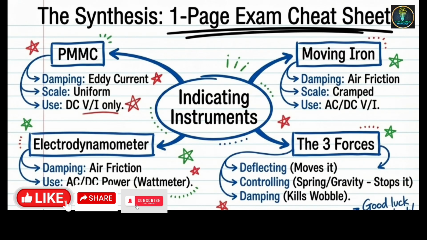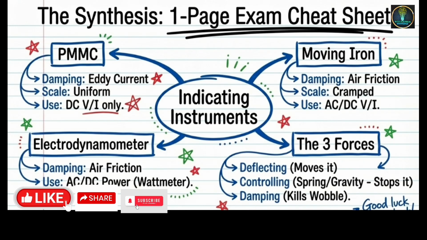The synthesis: one page exam cheat sheet, indicating instrument. PMMC, damping eddy current, scale uniform, uses DC, voltage and current only.